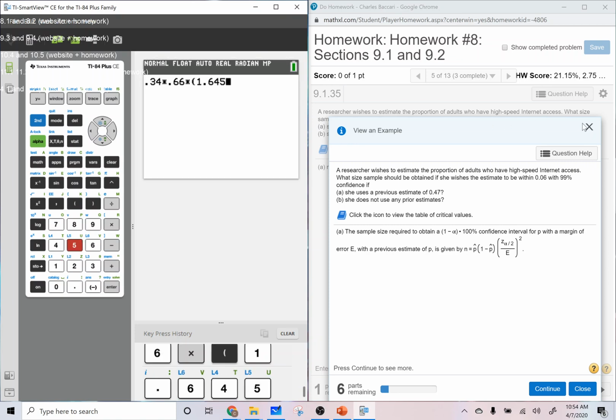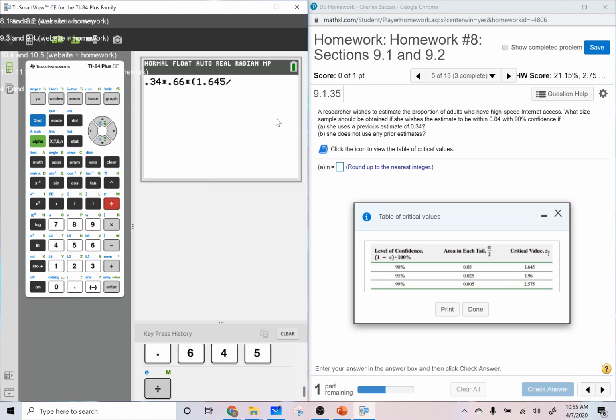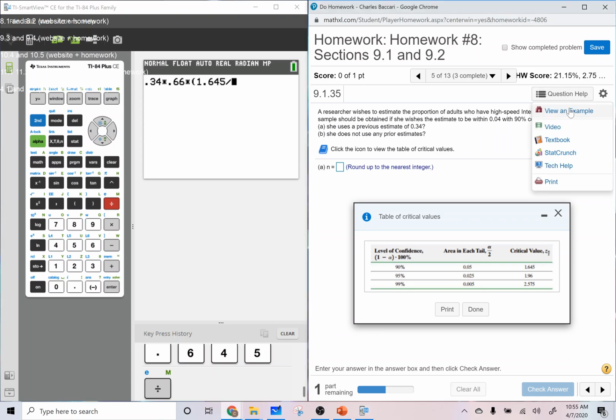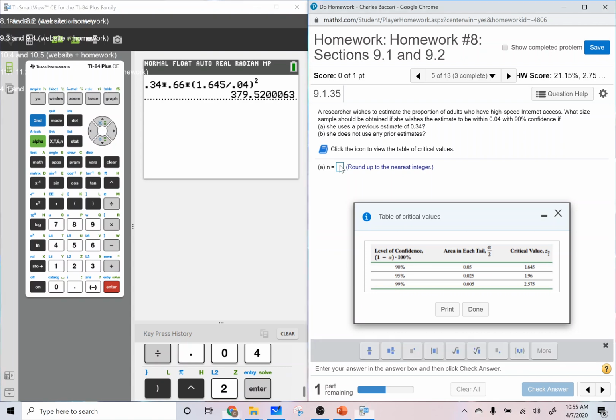That's the number from that table that they had. Divided by, the other part of the equation is divided by E, the margin of error. As meant to be within 0.04, so 0.04 raised to the second. So that's 380.